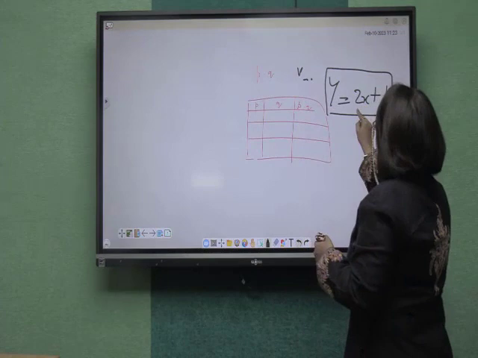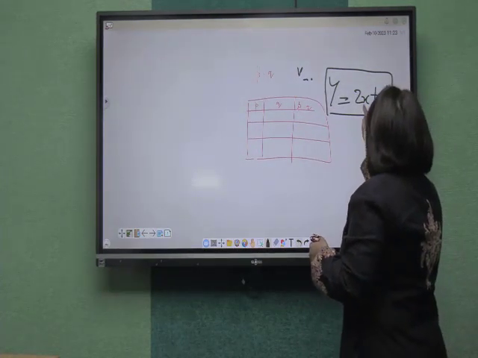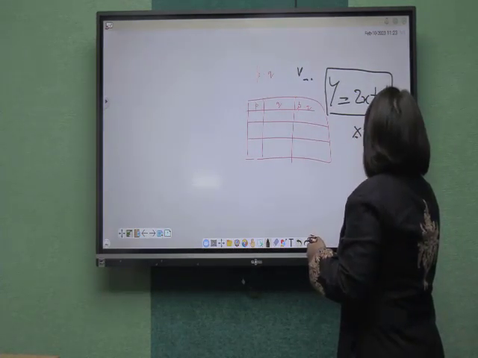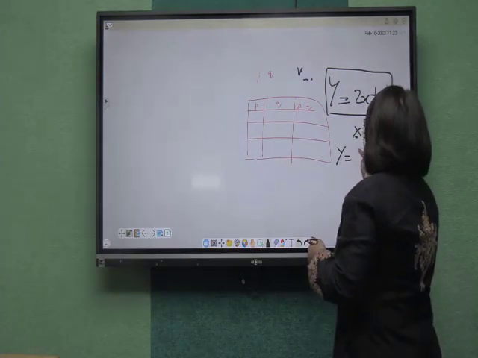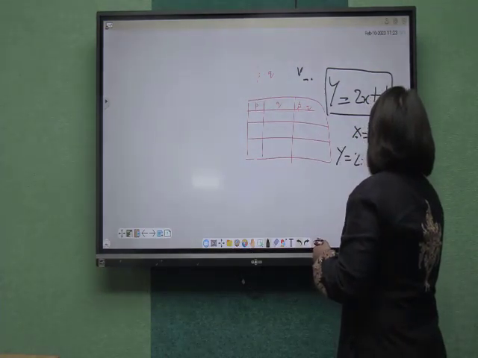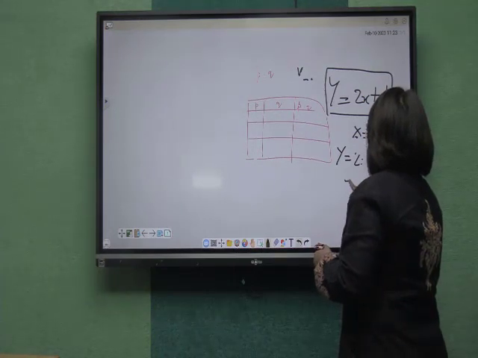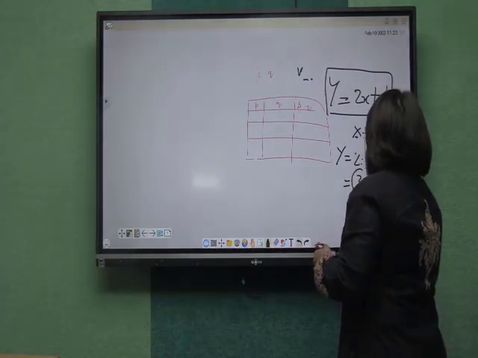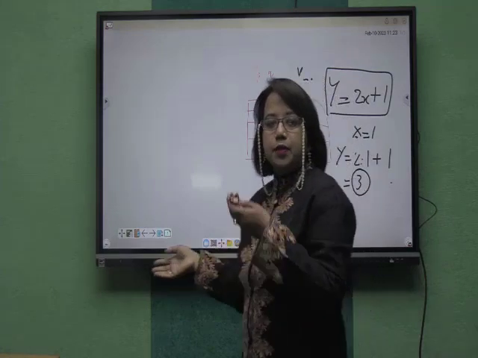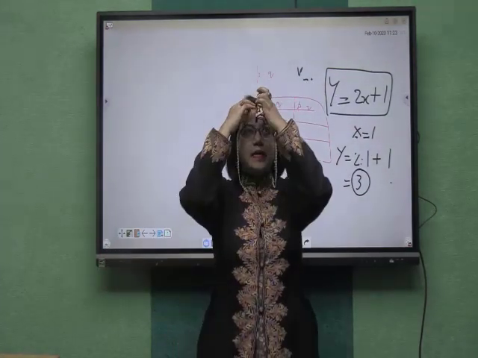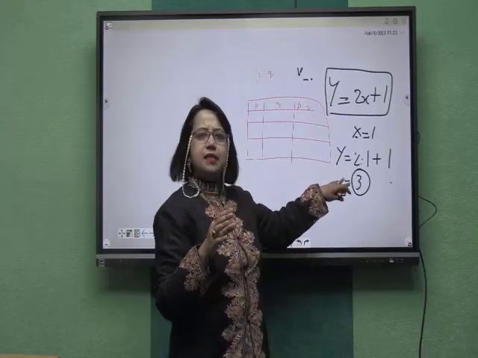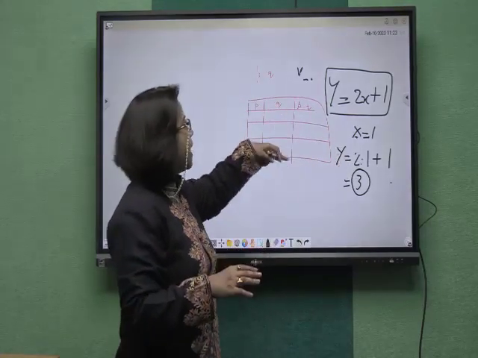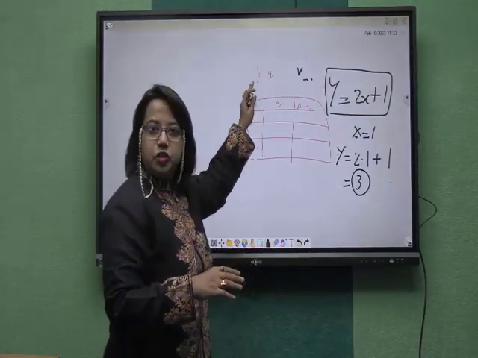For example, if x is equal to 1, y is going to be 2 into 1 plus 1, so it's going to be 3, okay? So this is how it works. Now coming to the next point, this is the general understanding of a function. We are looking at a truth function, which is P dot Q.